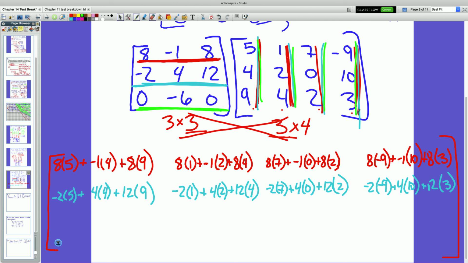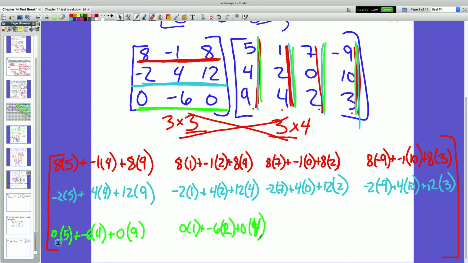So now I'm going to have 0 times 5 plus negative 6 times 4 plus 0 times 9. Second column, 0 times 1 plus negative 6 times 2 plus 0 times 4.